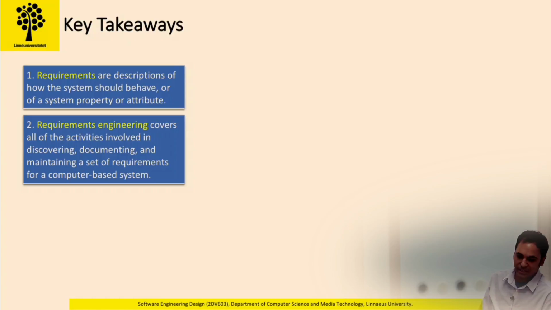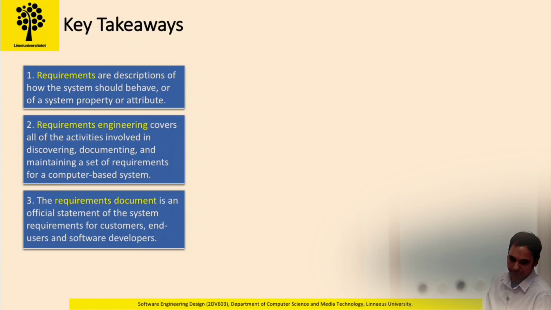Then requirements engineering covers all activities, including discovering, documenting, and maintaining requirements for computer-based systems, but it does not deal with the structure or the sequence of those activities, but the requirements engineering process does.